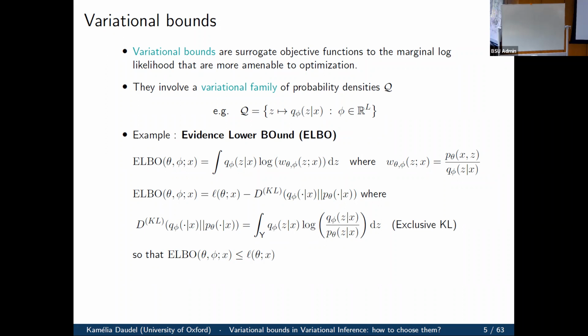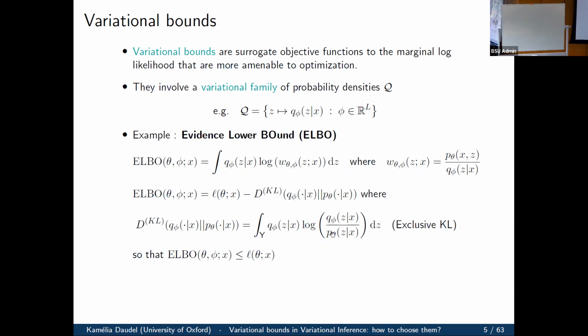One question: what does exclusive mean here? You might have heard the Kullback-Leibler divergence called forward or reverse; it's the same as exclusive and inclusive. Exclusive is the one where, imagine I sample from Q phi and P is 0.